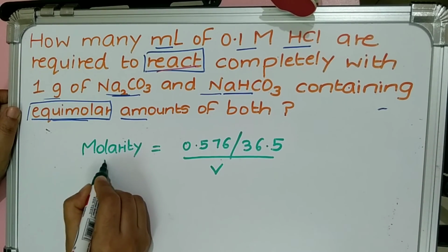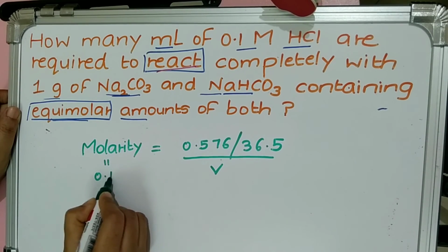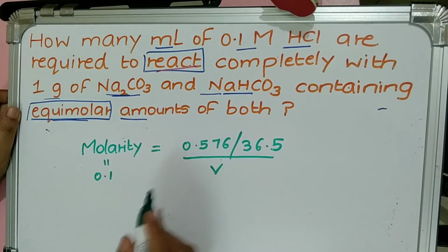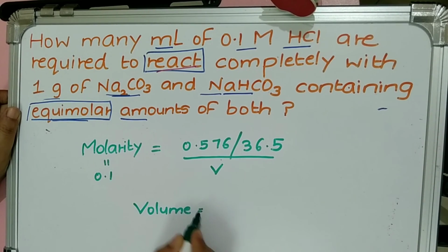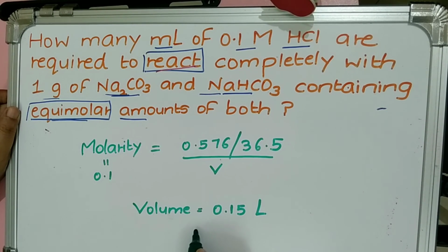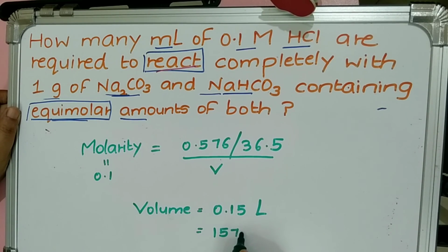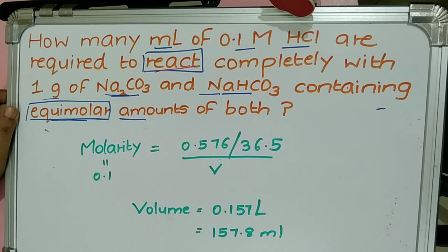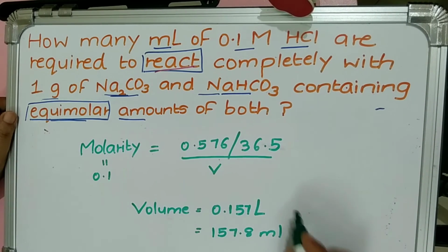Molarity is given as 0.1. So find the value of volume here. Just rearrange the equation. Volume you get as 0.1578 liters. You can convert this to milliliters also, 157.8 milliliters.